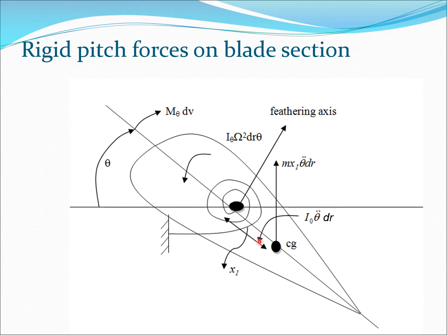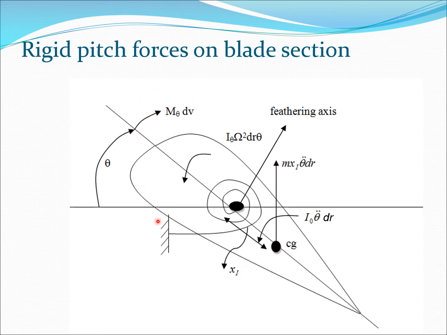Because of this offset, there is also going to be an m xi theta double dot dr. There is going to be a moment term I theta rotation speed square theta dr, and a force term m theta dr. This force term is due to the fluid mechanics forces, the m theta part.